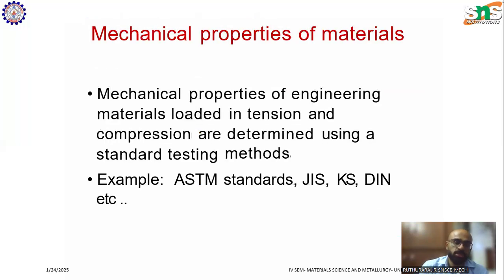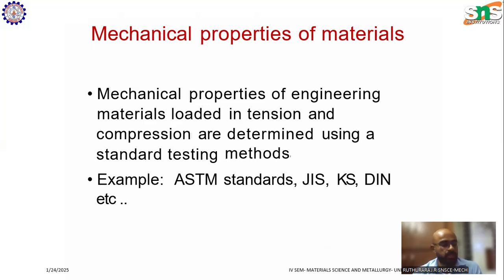Getting back to the subject, as I discussed, we will be dealing with the various properties of materials. There are various properties such as elasticity, plasticity, ductility, etc. Those properties we can study using different equipment.